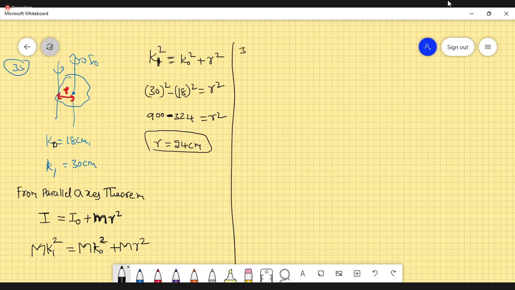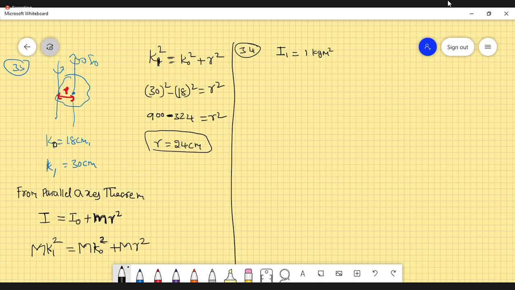34. The position of the axis of rotation of a body is changed so that its moment of inertia decreases by 36%. The percentage change in its radius of gyration is? For example, initially its moment of inertia, let us consider I1 equals 100 kg meter square.